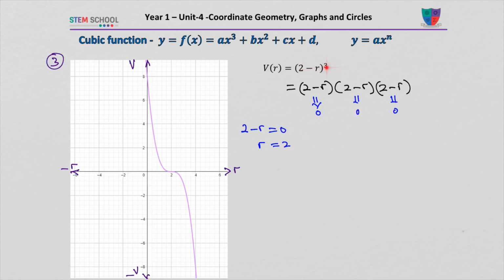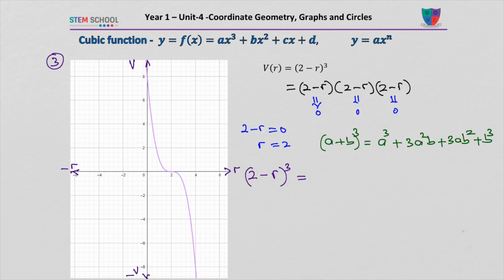If I expand this, I want to see what we're going to get for the intercept. I know the intercept is going to be 2 to the power 3. The intercept on the v-axis, this is the v-axis, is going to be 2 to the power 3. But let's expand it.